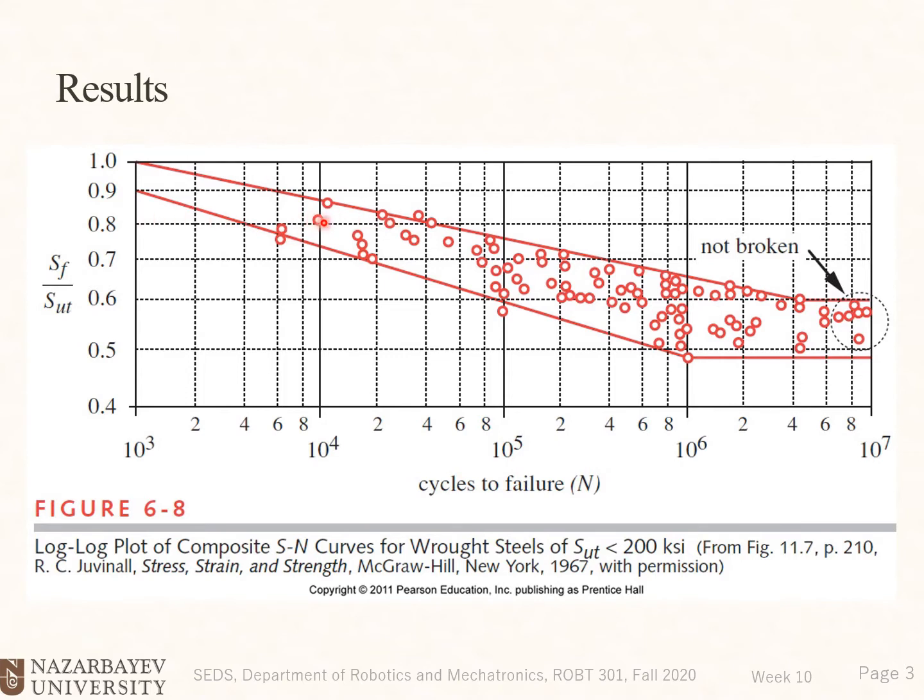We are putting that specimen under specific alternating stresses, and we are looking to see at what number of cycles it breaks. So we need to put lots of those specimens in the machine and repeat the test to develop this SN diagram.